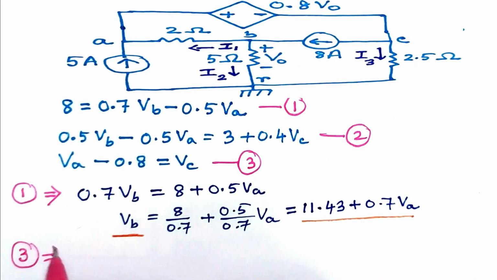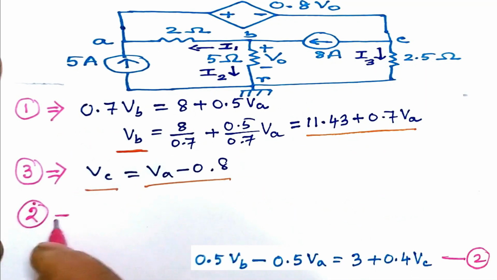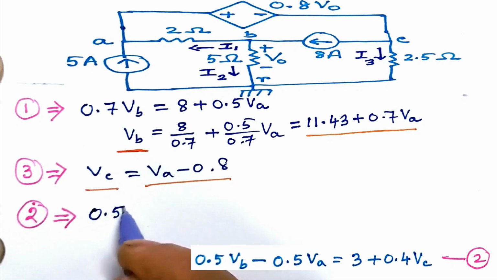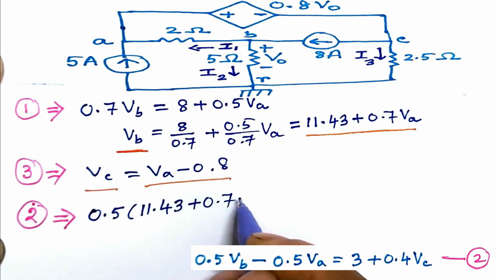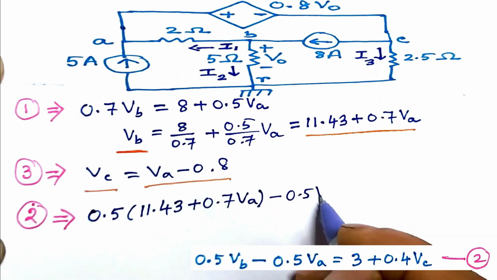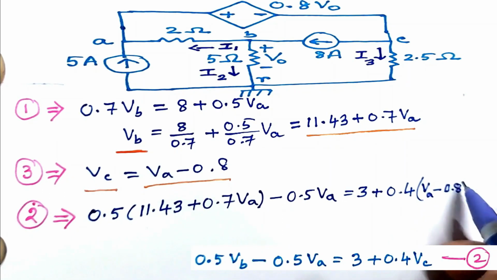Equation 3 gives VC equal to VA minus 0.8. And equation 2 gives, we replace VB by 11.43 plus 0.7 VA and also replace VC by VA minus 0.8.